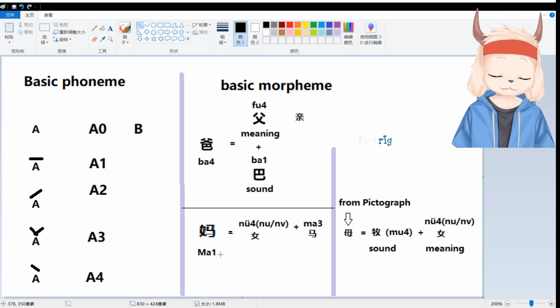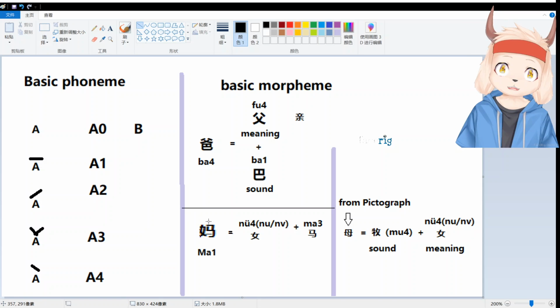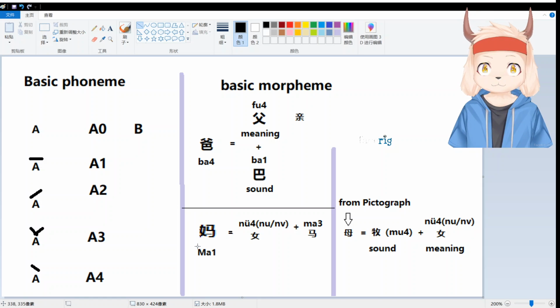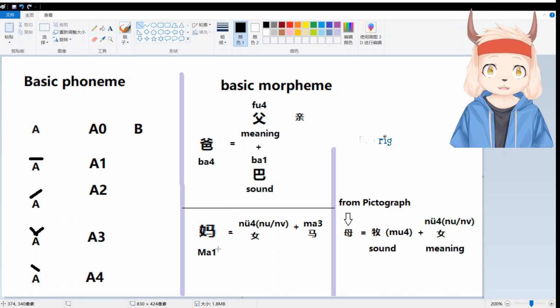Those people were nomads who invaded China, settled there and gradually became Chinese. Some of their concepts and some of their languages have blended in and affected the Chinese language.